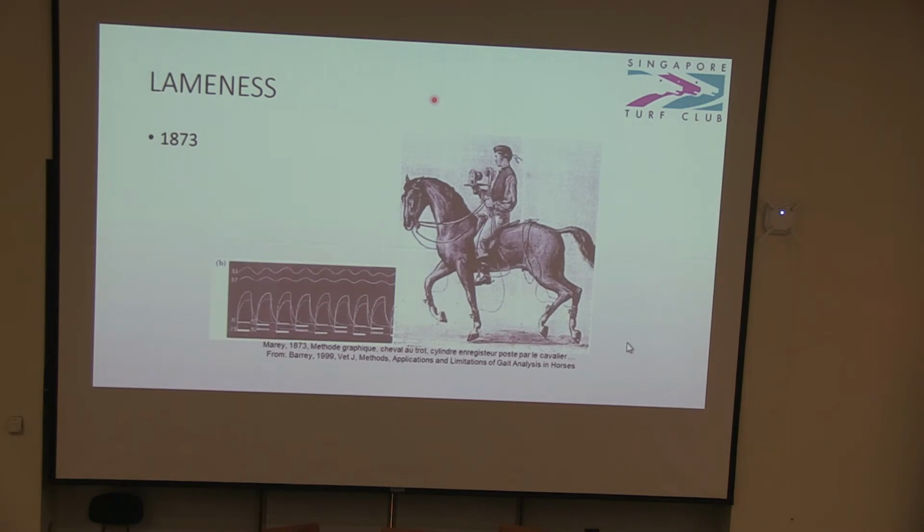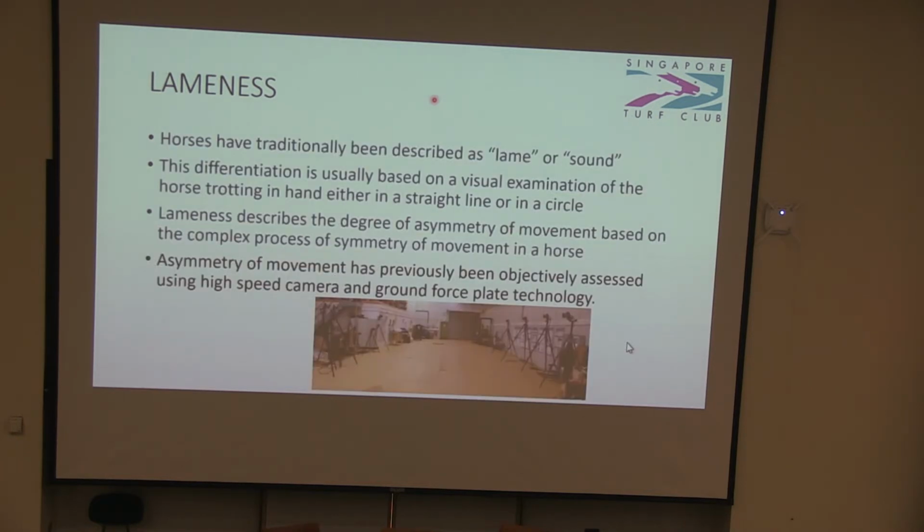So now we know lameness is describing the vertical displacement of the limbs of a horse, and we know we can measure vertical movement. So we can measure lameness and we can put an objective number on lameness. Now, this isn't a new idea. We've been doing this for many, many years, and we've actually gotten quite good at it.